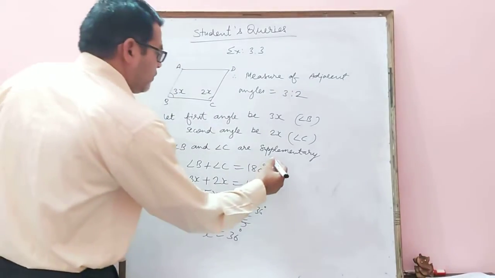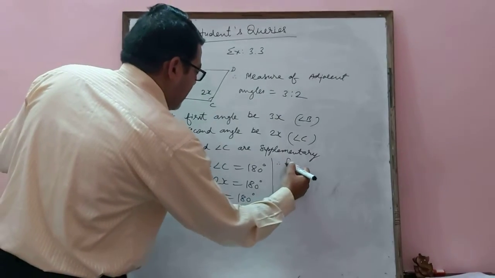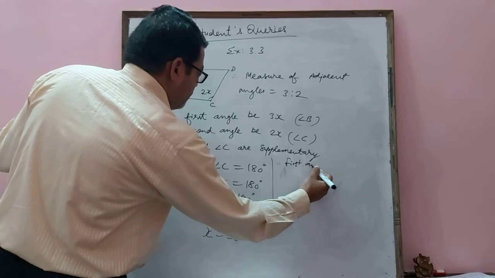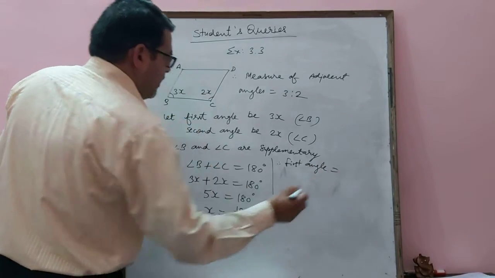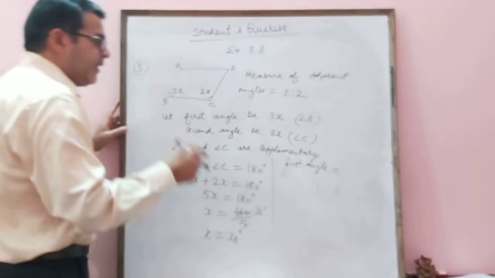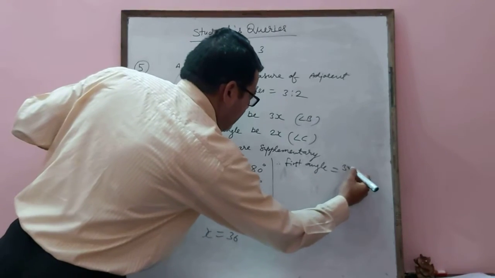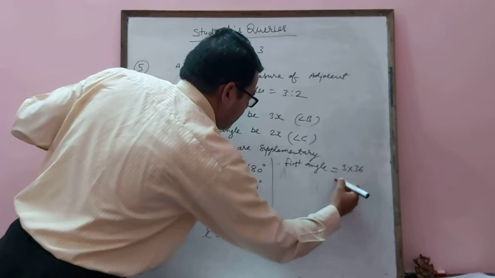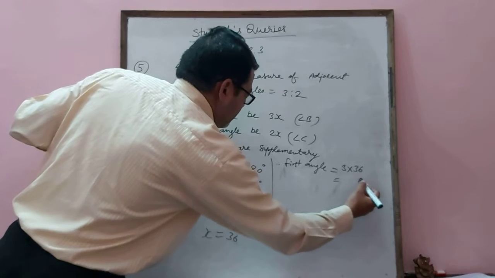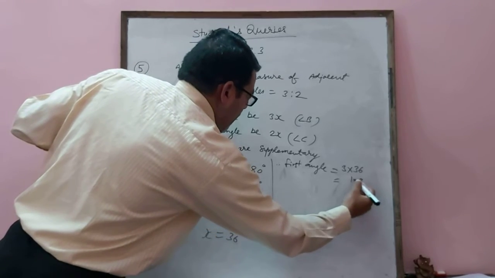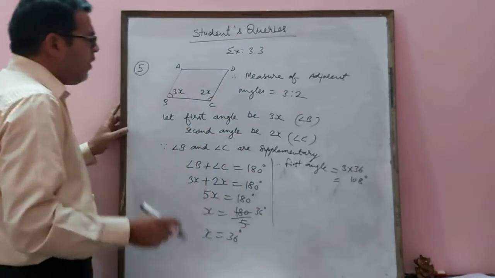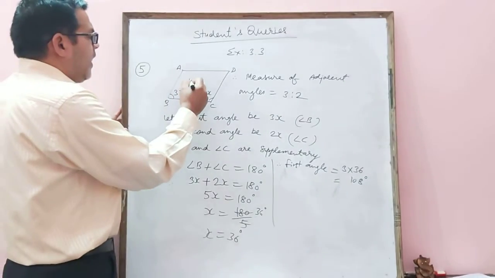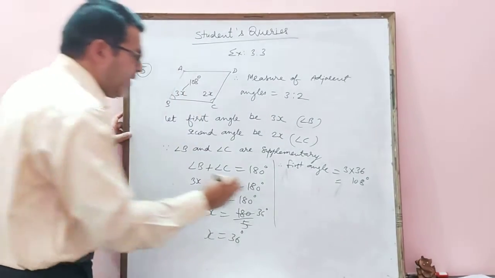So what is the first angle? Angle B. This is 3x, means 3 into 36, which is 108. So this angle is 108 degrees.